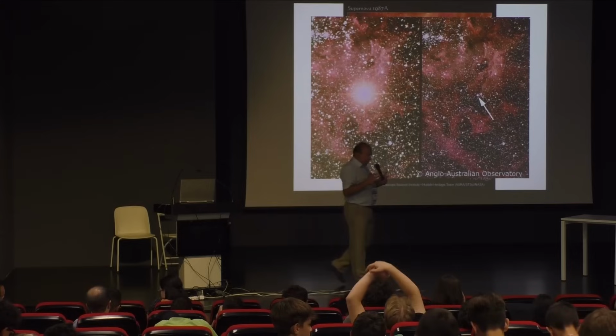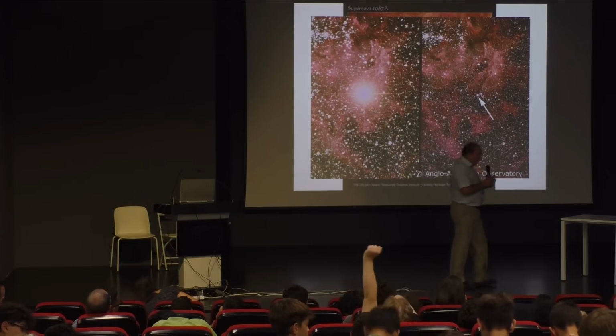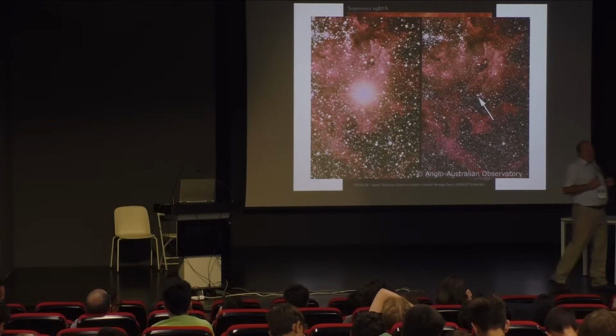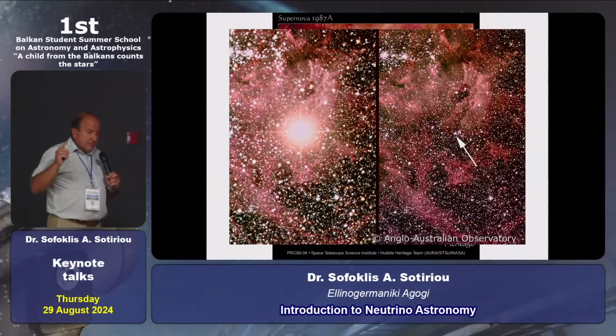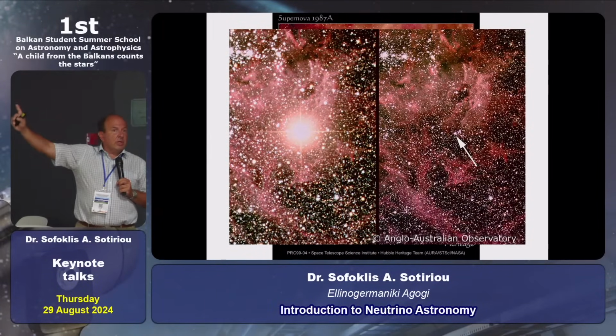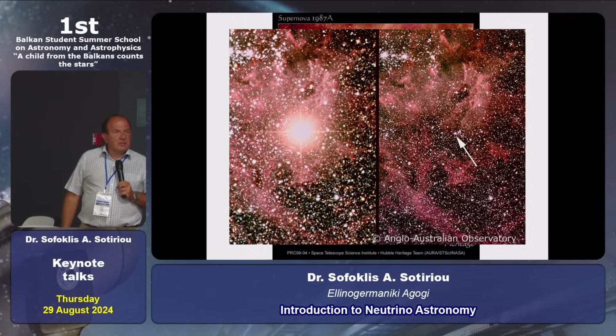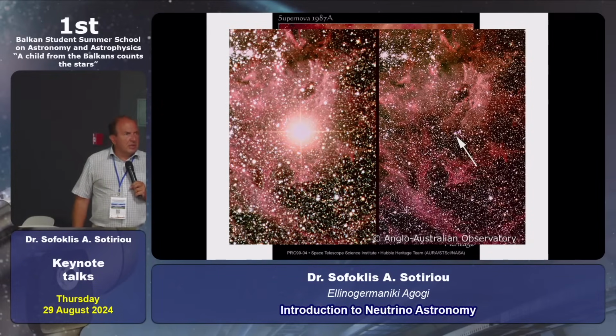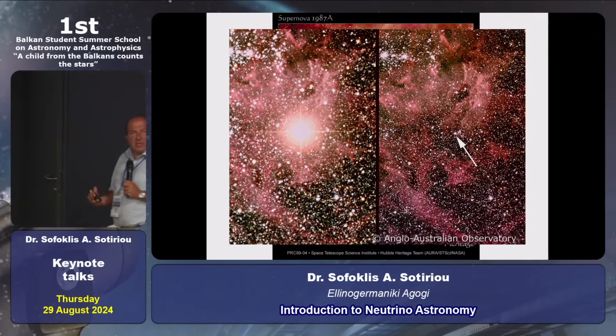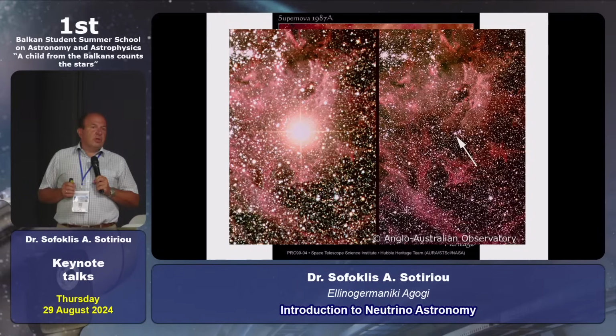And the two events are somehow combined, and it's the first time that we are going back and we say that we have detected neutrinos from a supernova explosion. And this is the birth, I would say, of neutrino astronomy.